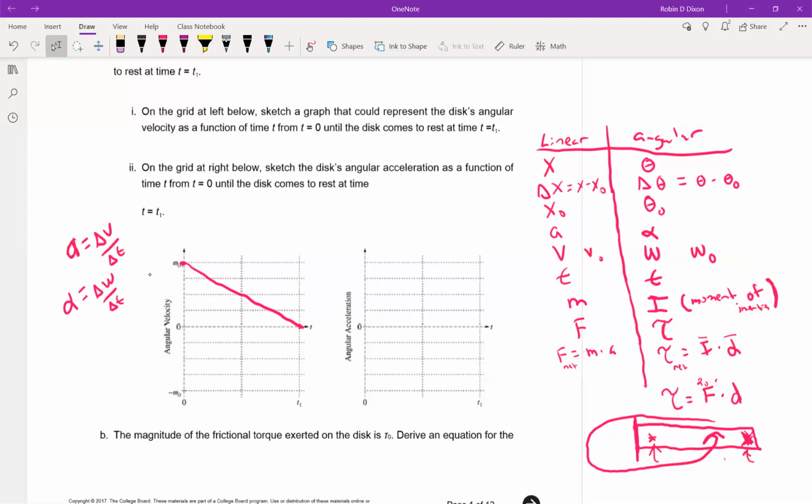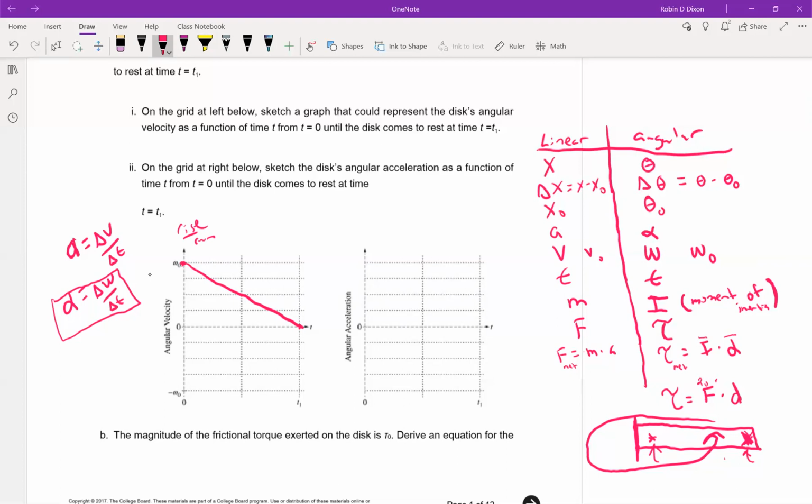The slope of this graph would be change in velocity over change in time, which I already wrote down right here. Slope is rise over run. Our rise is omega, our angular velocity, and our run is time, t. So omega over time is angular acceleration. That means the slope of this first graph is the angular acceleration.